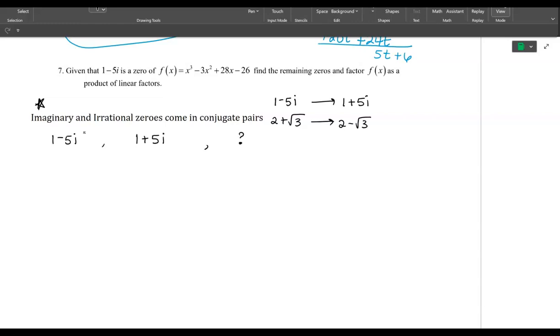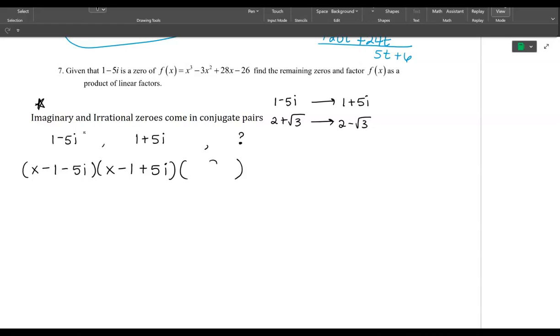And there's some other 0 that we don't know, because we can see that this polynomial has degree 3. Well, if 1 minus 5i is a 0, then x minus (1 minus 5i) is a factor. And if 1 plus 5i is a 0, then x minus (1 plus 5i) is also a factor.